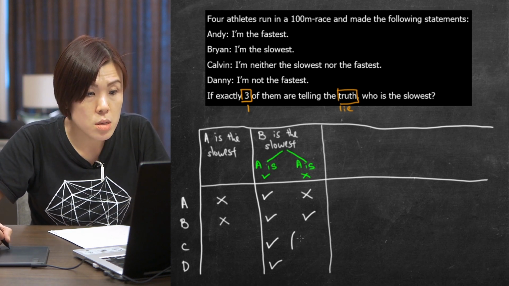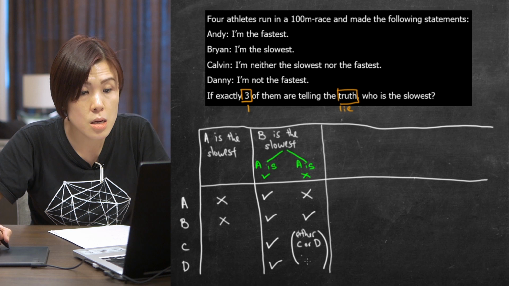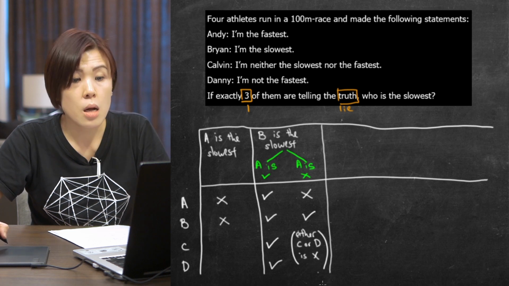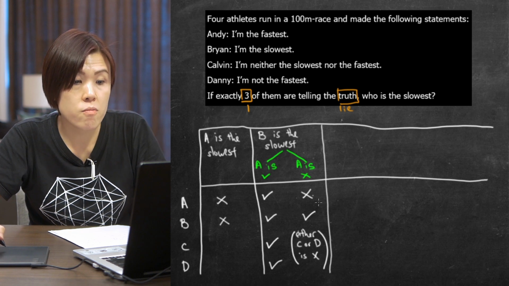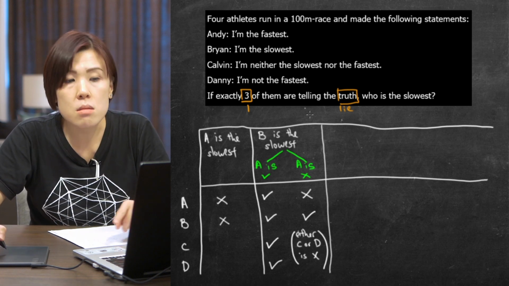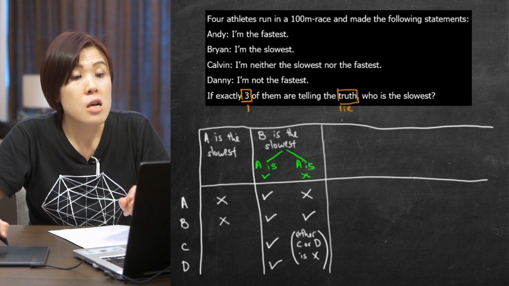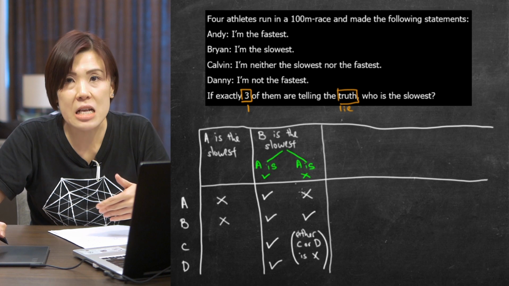So I'll put either C or D is lying. So I just put a cross here. In these assumptions, we will have more than one person telling a lie. But in this puzzle, there's only one of them telling a lie. So this assumption where B is the slowest is again not valid.